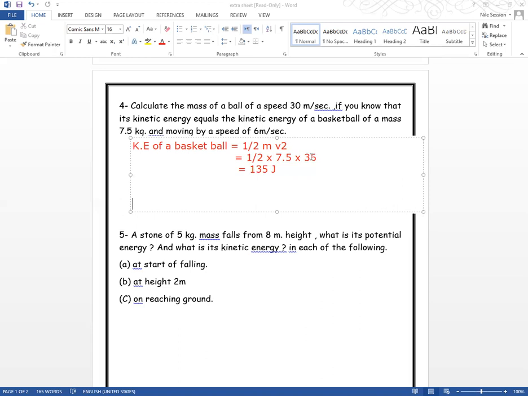Okay, here we need the mass of the pole of speed 30 meters per second, knowing that the kinetic energy of this pole equals 135.